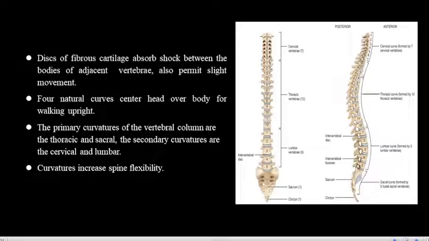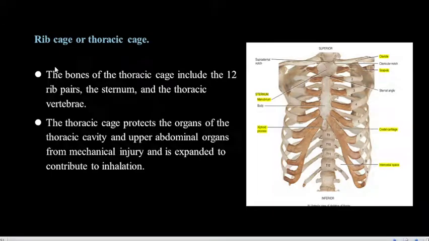So, lahat ng curves na sa right side, or curves that are found at the front side, is primary curvature. Secondary curvatures naman natin, curvature sa cervical dito sa may neck, and then curvature sa may lumbar, sa likuran. Okay, so these curvatures will increase the flexibility of the spine.